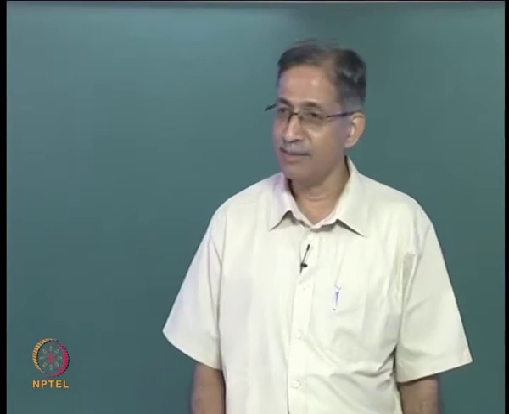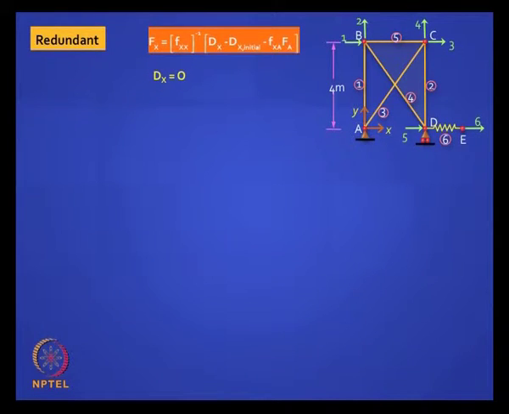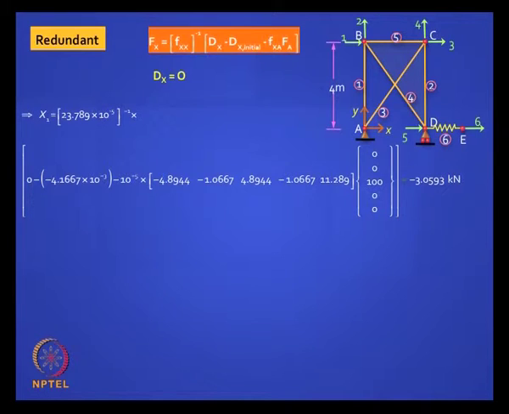Then you find the redundant by applying the compatibility equation, okay. A compatibility equation is dx is a null vector, solve it, you get some value minus 3.0593, okay. Mind you, in this solution we are also including the initial displacement.